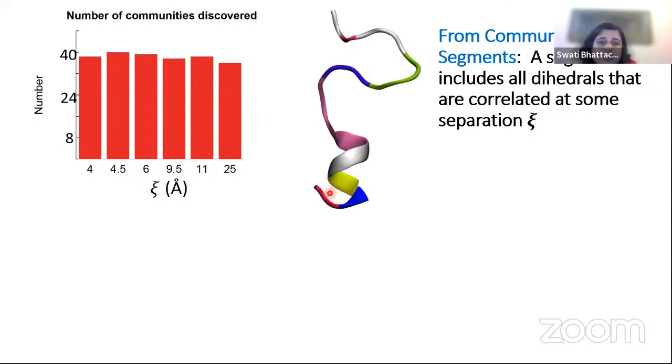The snapshot over here again shows the various segments that were identified in this example problem, and those are shown in different colors. The white color represents segments that are essentially single dihedrals. But we are interested in the larger segments because they're the ones that show more conformational diversity.